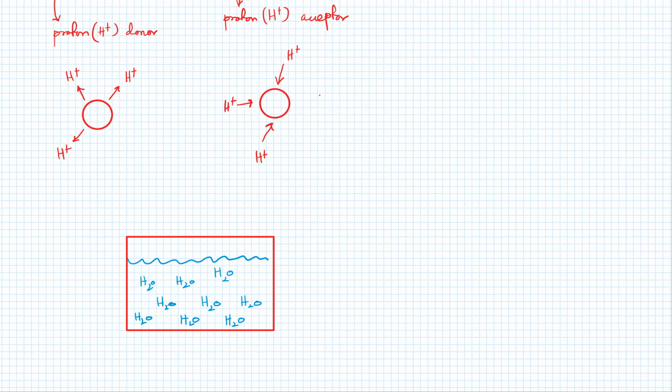Water, we absolutely don't do anything to water. Water is completely useless for us, but we have to drink it all the time, and the reason for that is that it's the main medium, the main solvent in which chemical reactions happen.